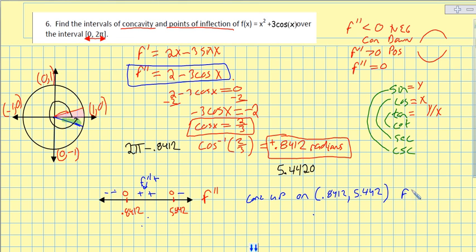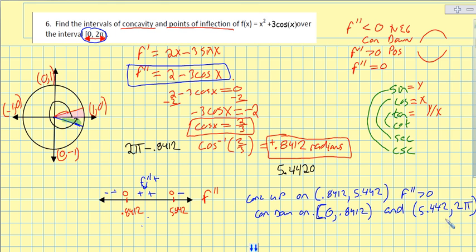And we could even make that statement because the second derivative is greater than 0 here, and it's concave down on the interval of, that's closed interval, from 0 to 0.8412, and from 5.442 until our endpoint, which is 2 pi, because that was our given interval here in the stated problem.